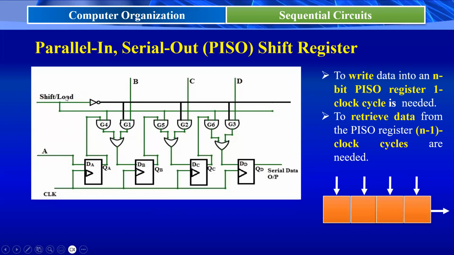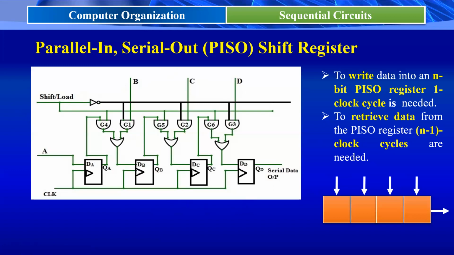Because the signal is equal to 0, so one of the inputs for AND gate 4, AND gate 5, AND gate 6 is 0. Irrespective of the other input, they produce 0 at the output. So whenever this shift/load bar is equal to 0, this register parallelly loads the inputs A, B, C, D into these 4 flip-flops of your PISO shift register.